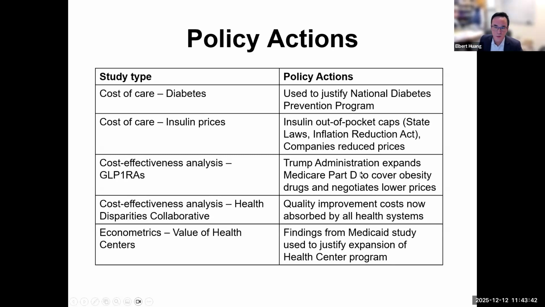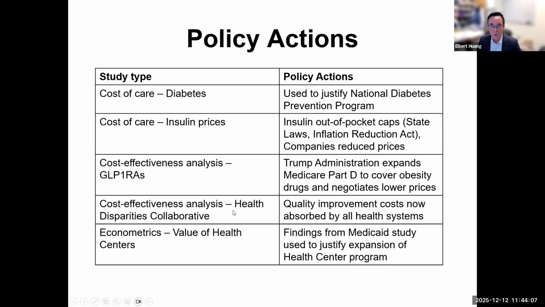And the Trump administration a few weeks ago announced that they were expanding Medicare Part D to cover anti-obesity drugs. And they negotiated lower, and they actually used prices very eerily similar to the ones that we used in our paper and in subsequent analyses when they negotiated with Sanofi, Novo Nordisk, and Eli Lilly. So we may have influenced the negotiations in that case.